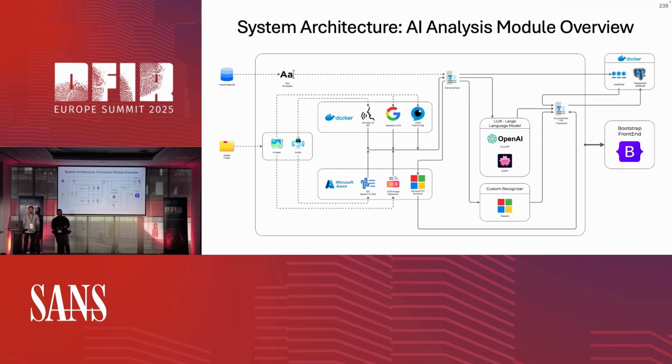After that, we put all those data in our tool, and we need to translate all images and audio into textual form to be analyzed. So text is already text.